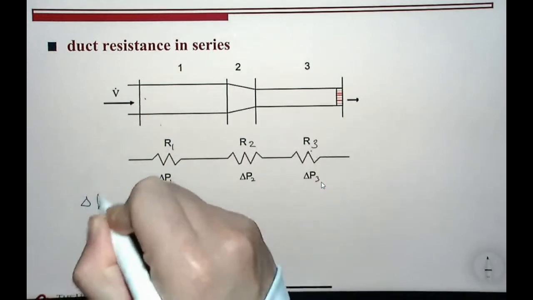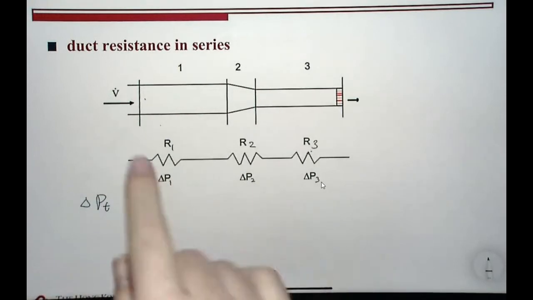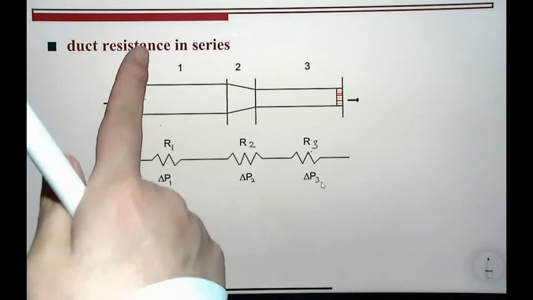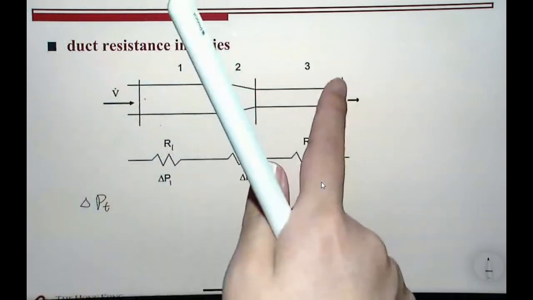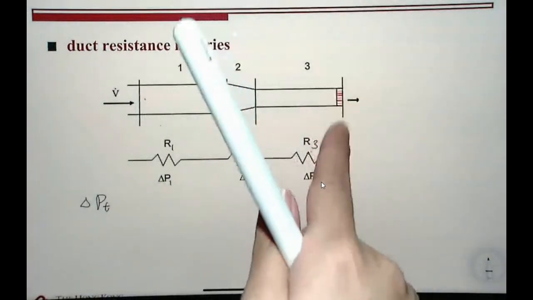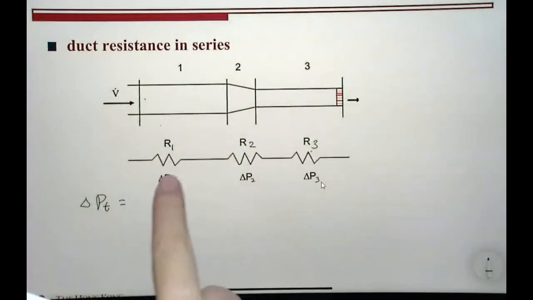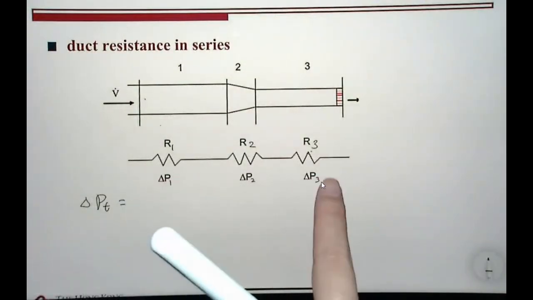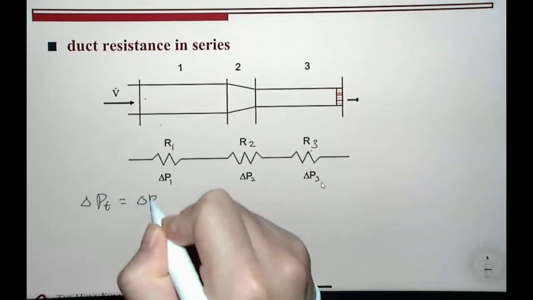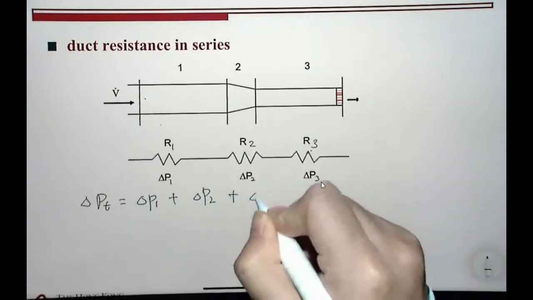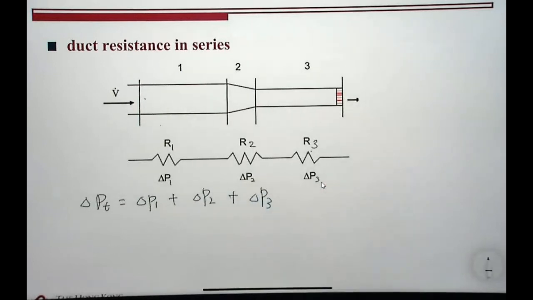Our delta P total from the initial cross section to the outflow will be, from this resistance figure, delta P1 plus delta P2 plus delta P3.